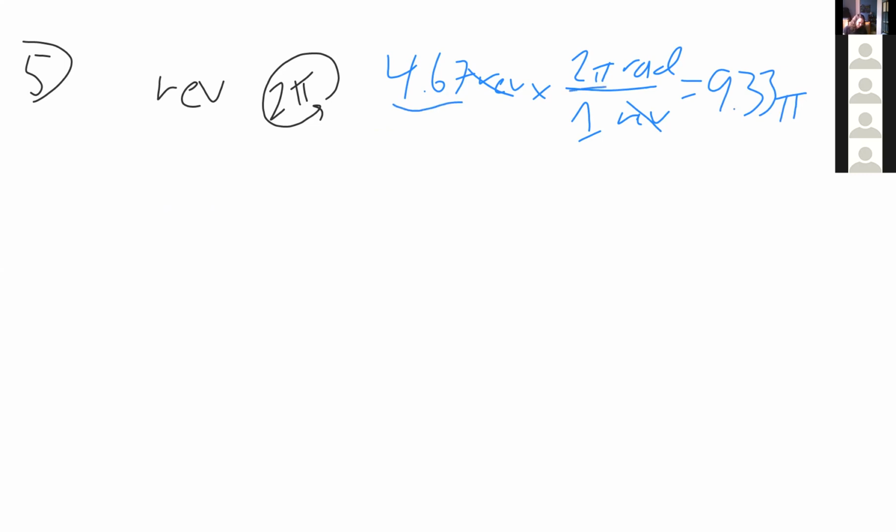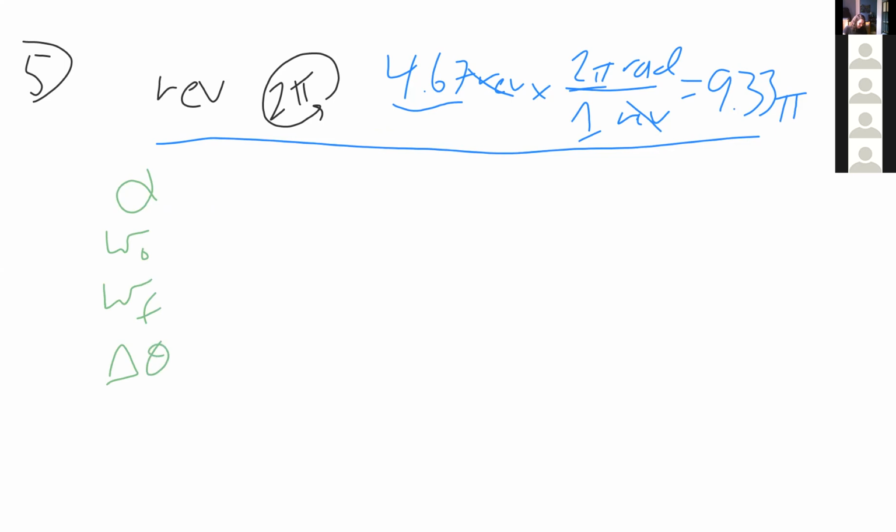Okay, so for the problem itself, again, we're doing kinematics: acceleration, initial velocity, final velocity, delta x and time becomes alpha, omega initial, omega final, delta theta and time. My alpha is given as 1.68, whatever, everyone's different.